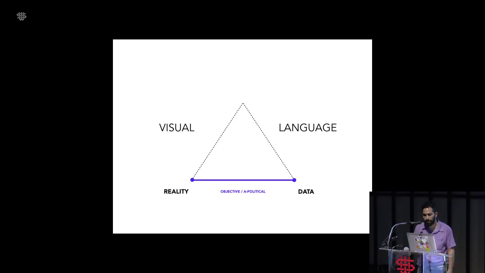What about graphics? Well, the graphics are really way up there in the pyramid, very, very far from this imaginary, objective line. They are the construct of visual language. We experience them visually like you experience reality, but they're a construct of language just like data.